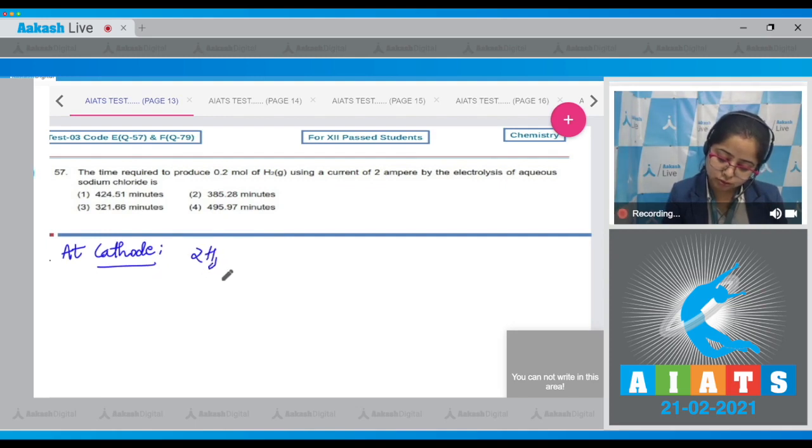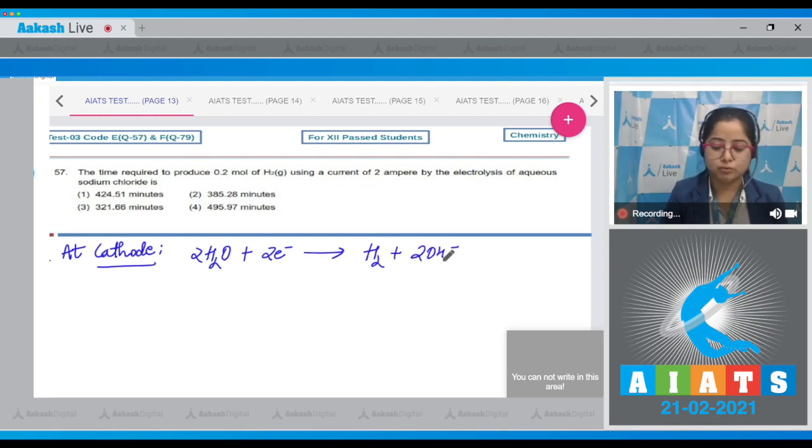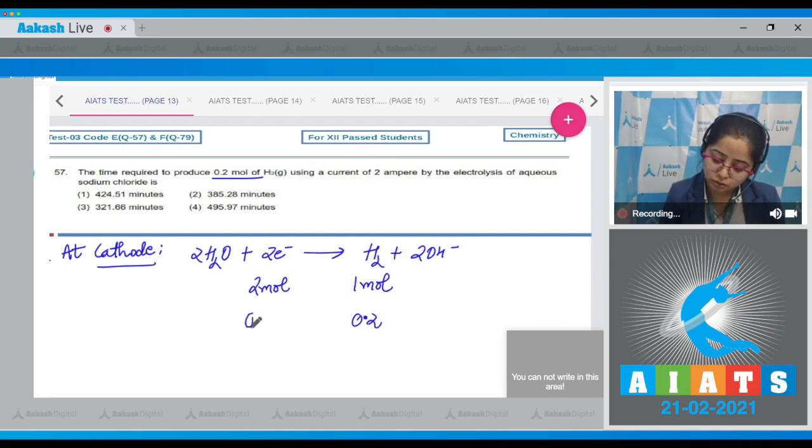which is 2H2O plus 2 electrons gives H2 plus 2OH minus. So here it is very clear that 2 moles of electrons are required to form 1 mole of H2 gas. That means to produce 0.2 mole of H2, 0.4 mole of electrons must be required.